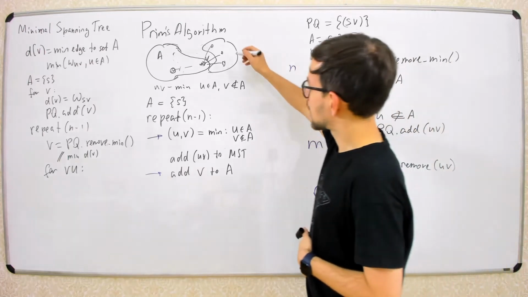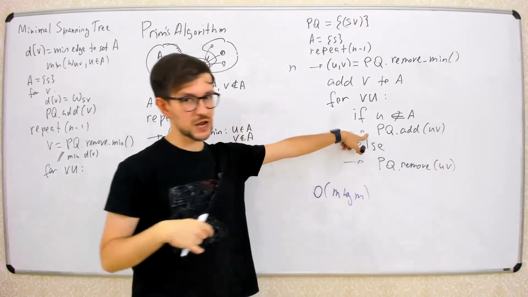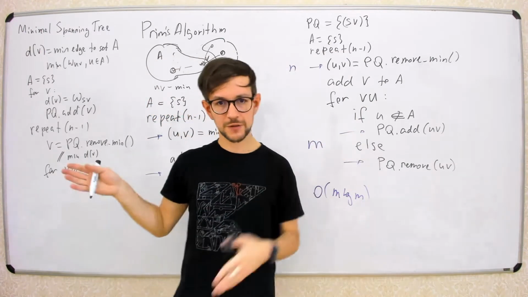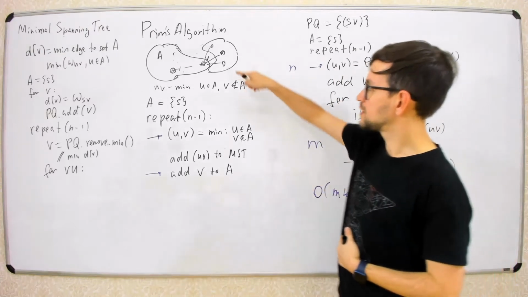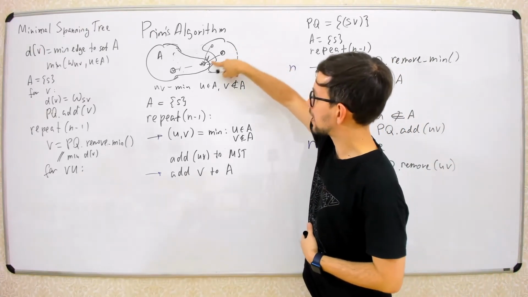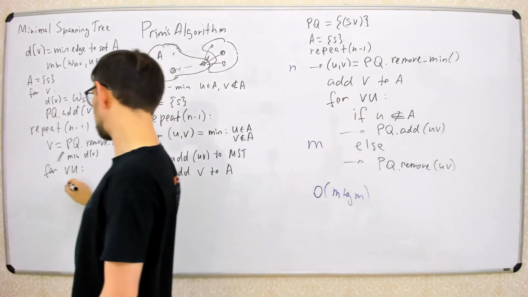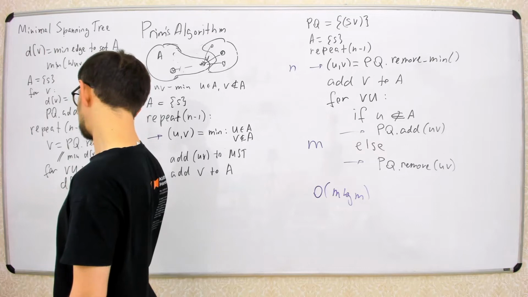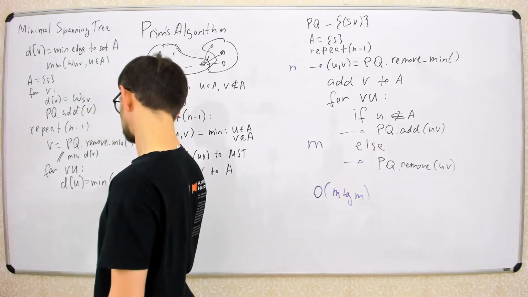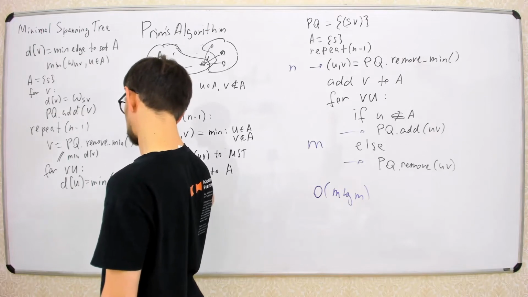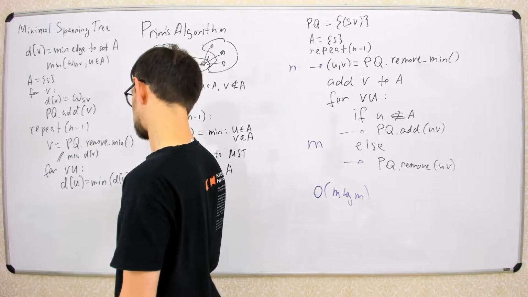Right now here I just put this edge into the priority queue, but here is something different. Here I just need to update the value of D. So for these nodes, now I have one more edge connected to this node. So I just need to update this value. So I need to update D_U as minimum of previous value and the cost of this edge.